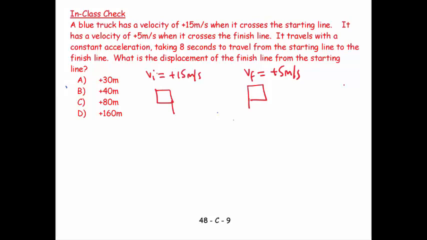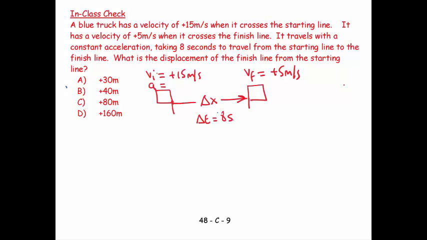It travels with a constant acceleration, but it doesn't tell you what it is, and it takes 8 seconds traveling from the starting line to the finishing line. And then what is the displacement of the finishing line?